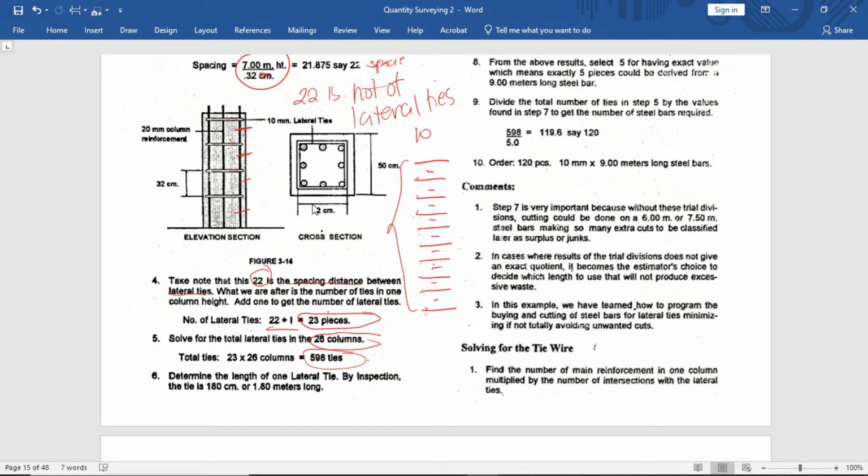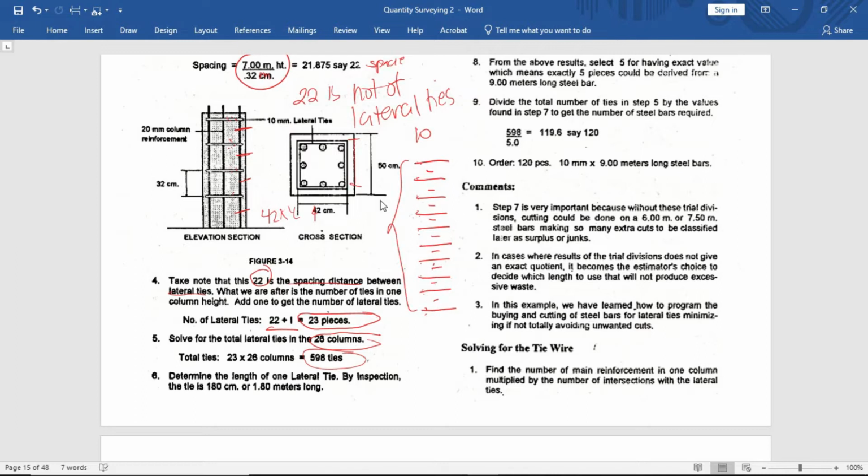By inspection, the tie is 180 centimeters or 1.8 meters by inspection. Yan. By inspection, di ba 50 centimeters 'to. So, kung ito ay 42, siyempre, 42 rin 'to. 42, 42, 42. So, 42 times 4.